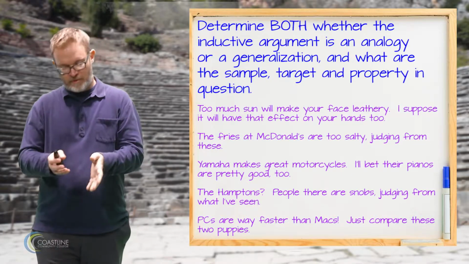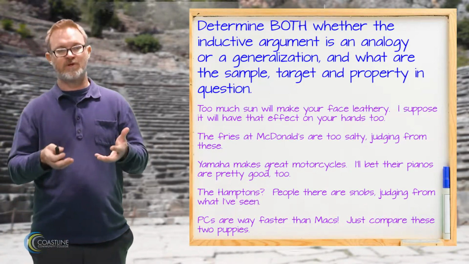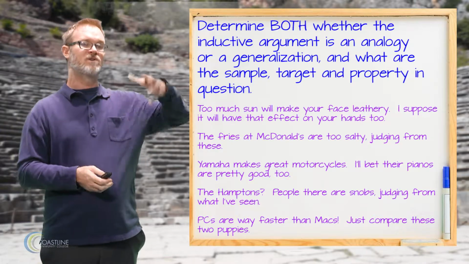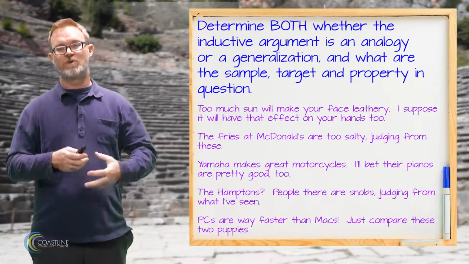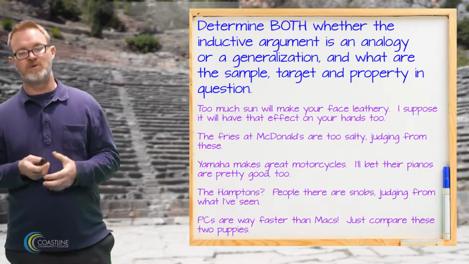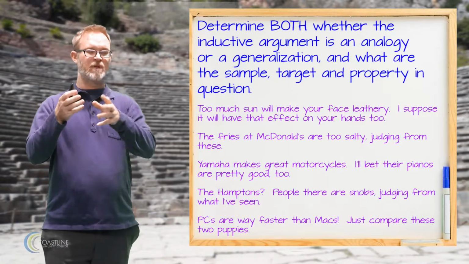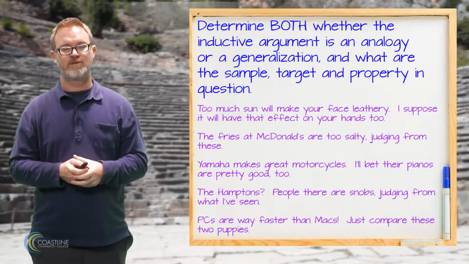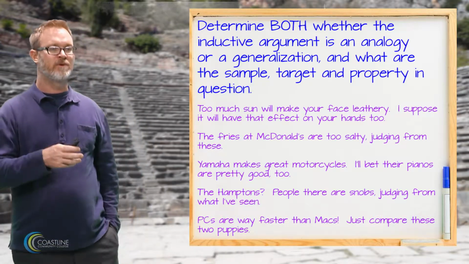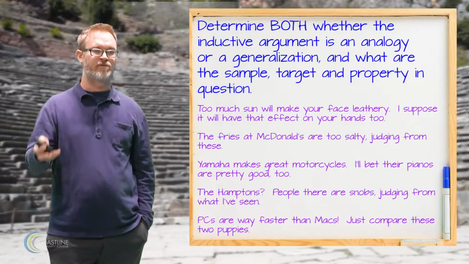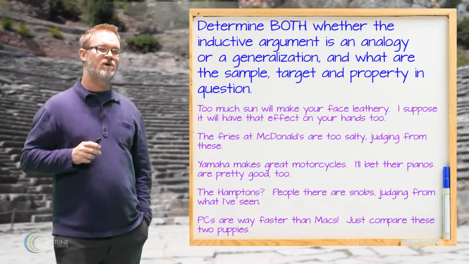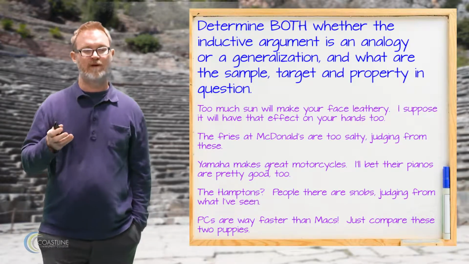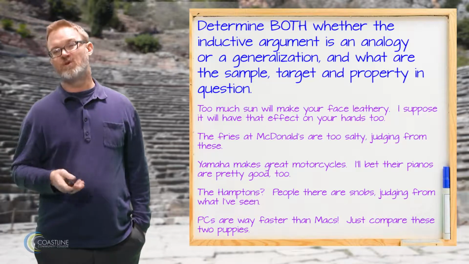So your sample there is these fries, whatever ones you're eating there, and then the target is all the fries at McDonald's. So what that means then is we're dealing with a generalization. We're reasoning from some of the fries, essentially the ones that you're eating, to all of them at McDonald's. So in the generalization, your sample is the fries that you're eating. The target is all the fries at McDonald's, and then the property in question here is that they're too salty.